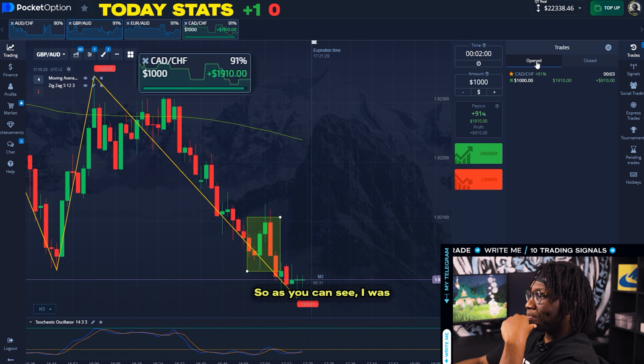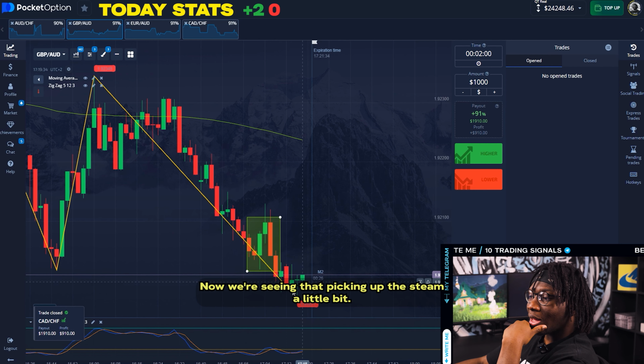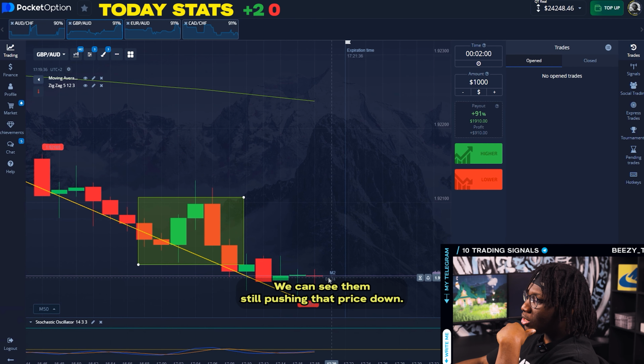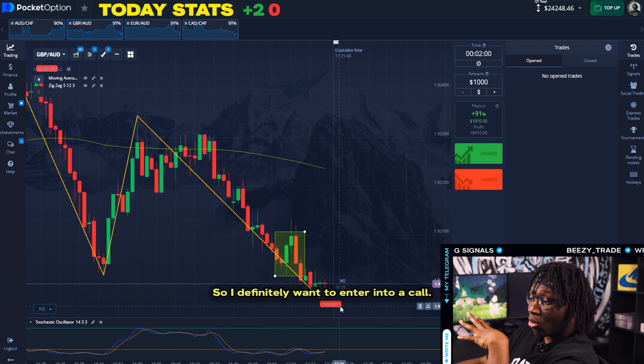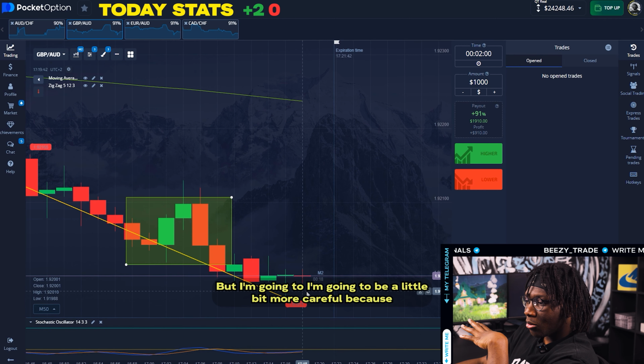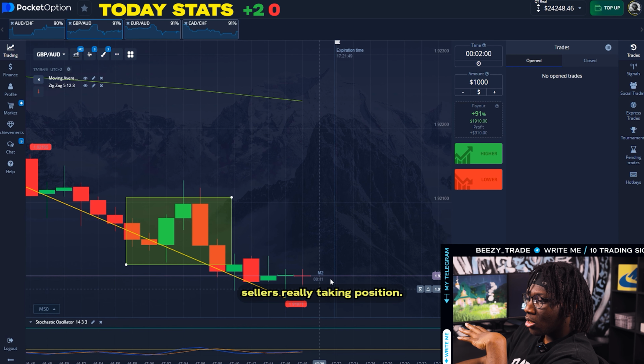So as you can see, our Swiss franc Canadian dollar trade seems to be working. Now we're seeing it picking up steam a little bit. You can see them still pushing that price down. So I definitely want to enter into a call, but I'm going to be a little bit more careful because I don't see the sellers really taking position.